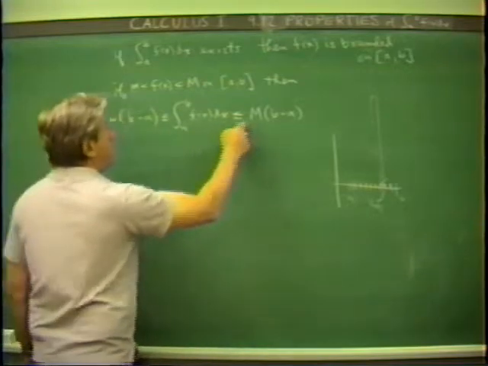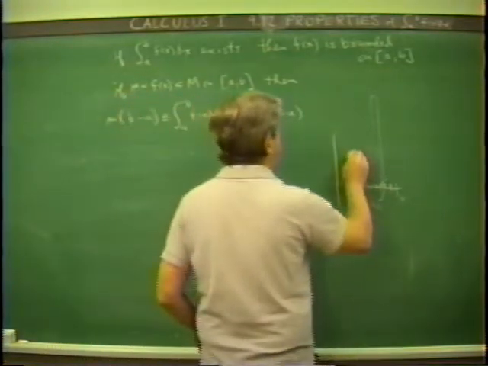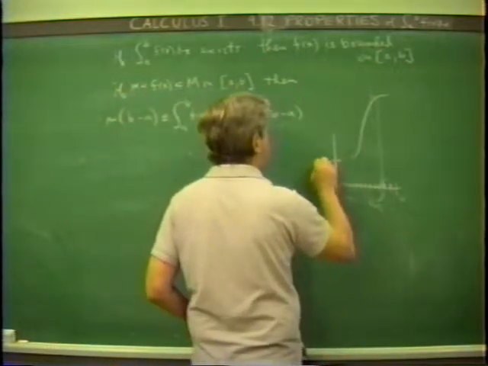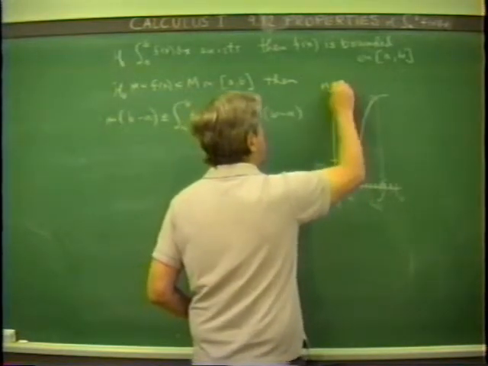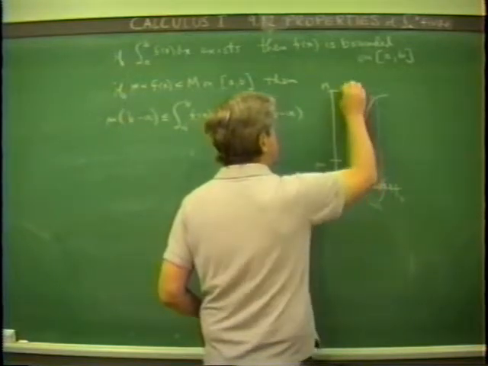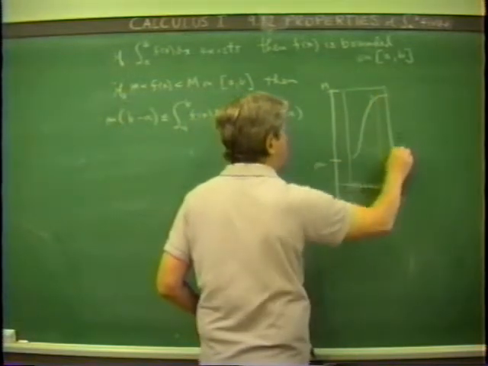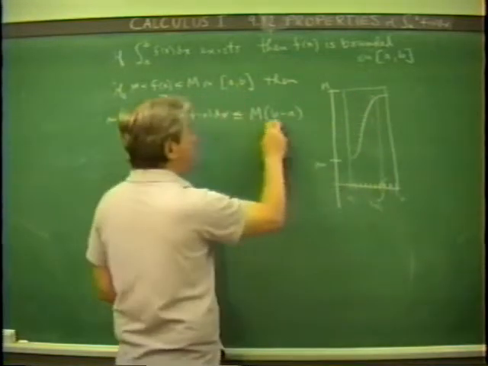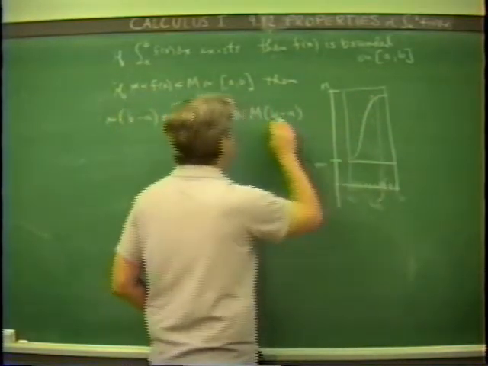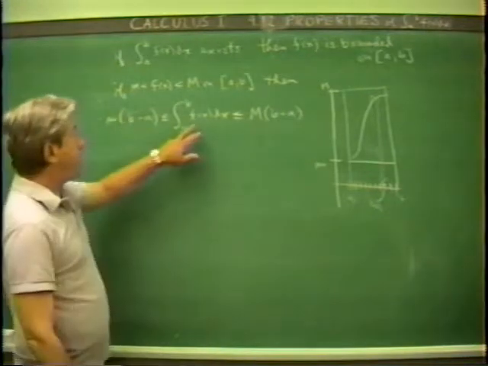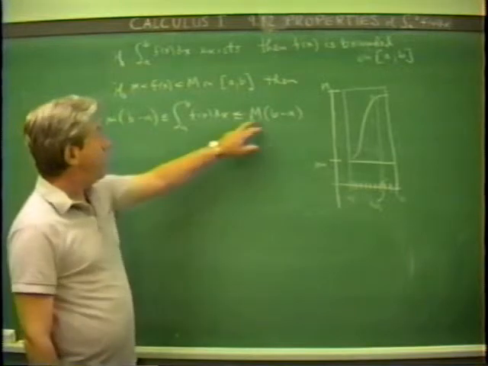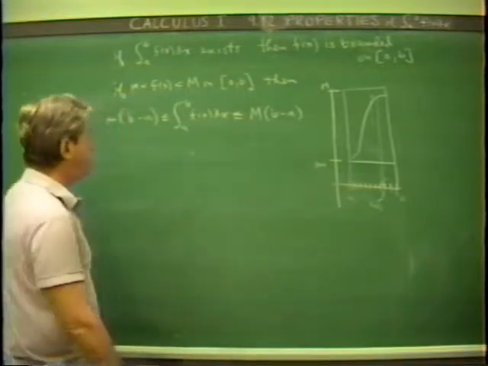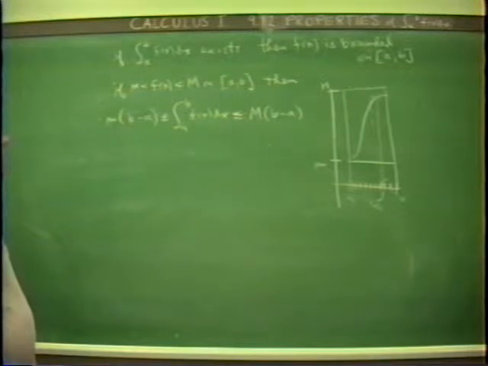So the integral would be no larger than capital M times b minus a and no smaller than little m times b minus a. And that's because every Riemann sum would be between little m times b minus a and capital M times b minus a.